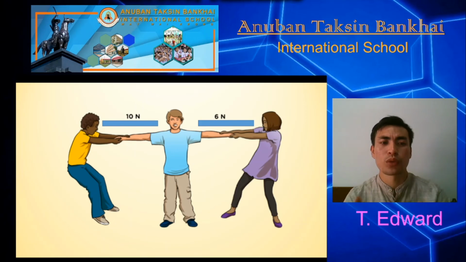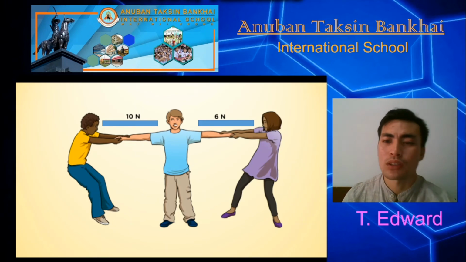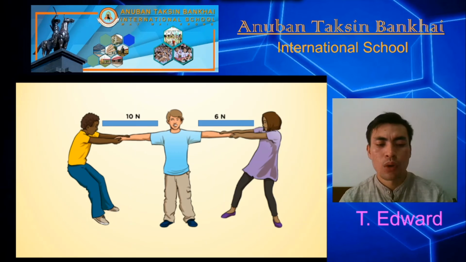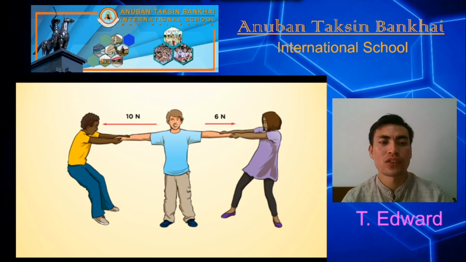Use your ruler to measure 10 centimeter to the left and 6 centimeter to the right, because that is the equivalent. 1 Newton is equal to 1 centimeter. So if you're done, your answer should be like this. 10 centimeter to the left is longer compared to the 6 centimeter to the right.